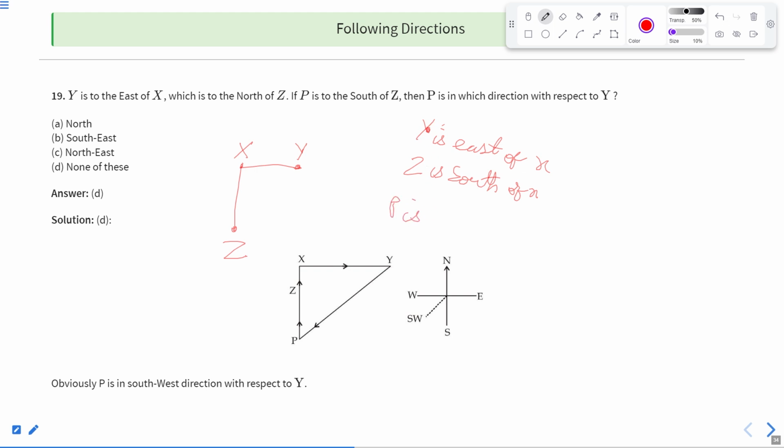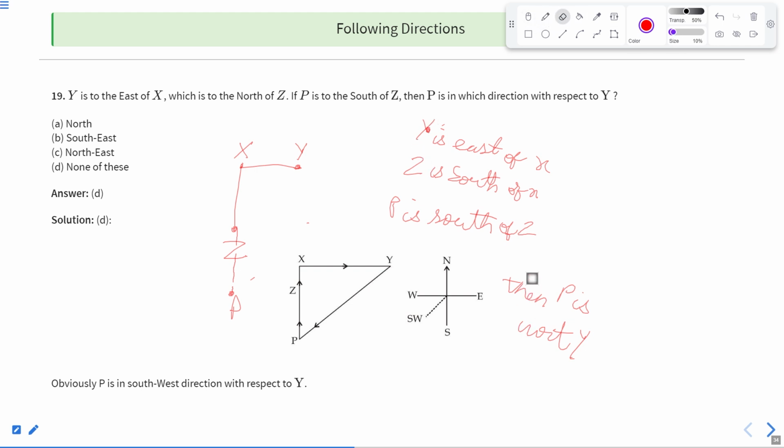If P is south of Z, P is even more south of Z. Okay. Then P is with respect to Y. ठीक है.